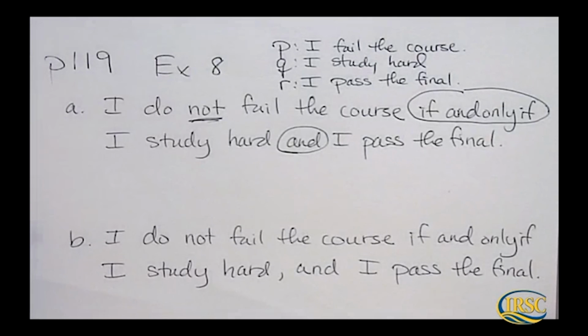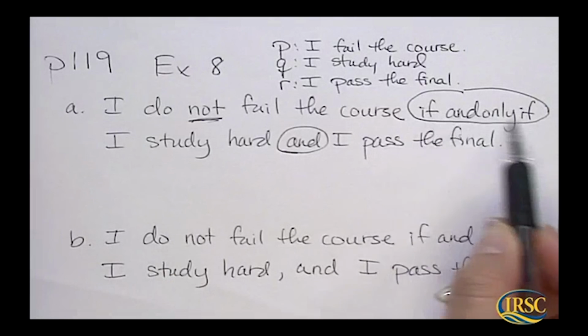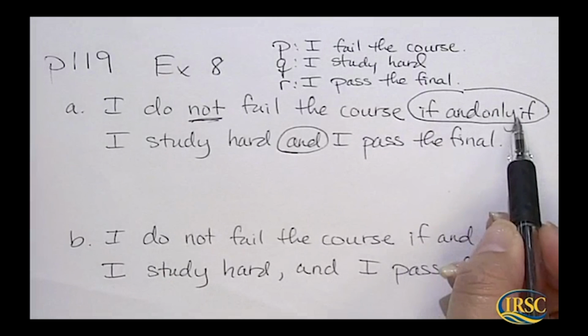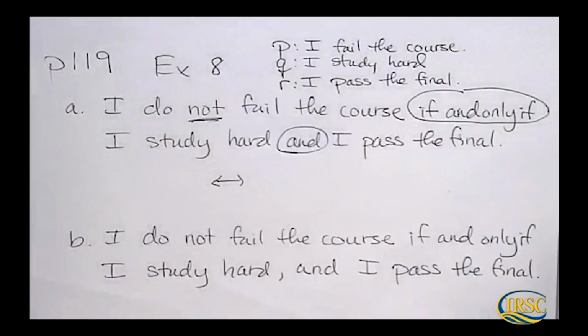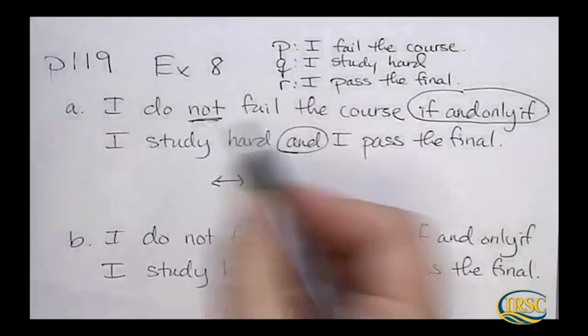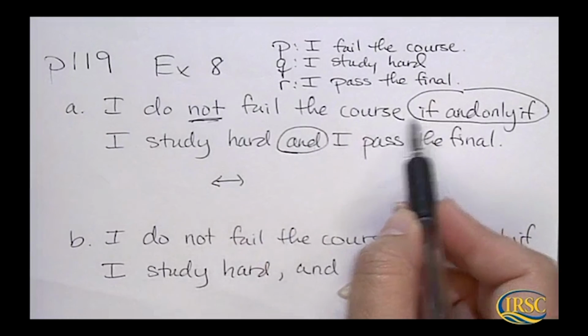Okay, so to translate this symbolically, I know I have an if and only if, so I need a double arrow. Does order matter when I have if and only if? No. Okay, so I don't have to worry about which one's which here. I also have an and. Okay, let's get to that in a second. So what comes before the if and only if?